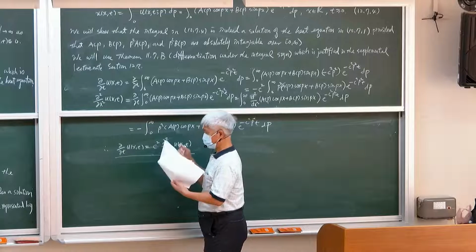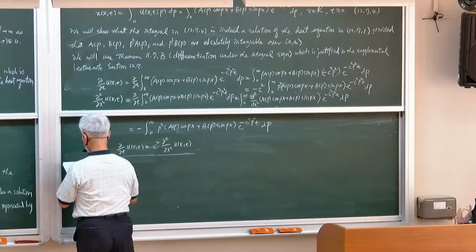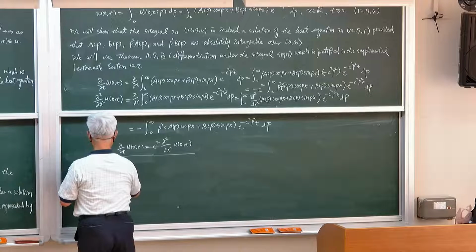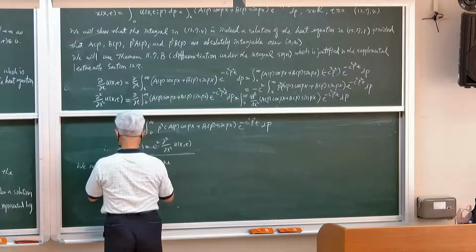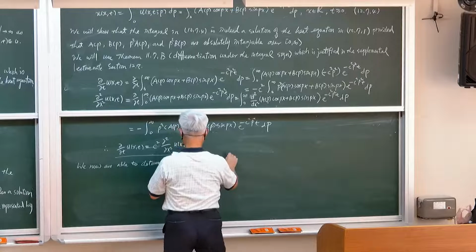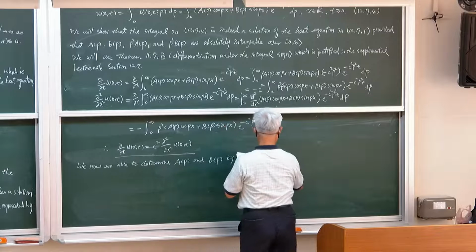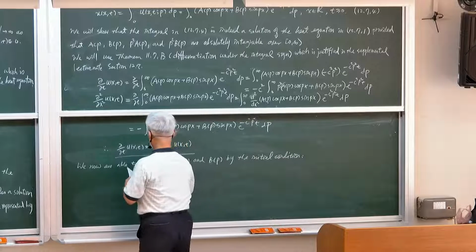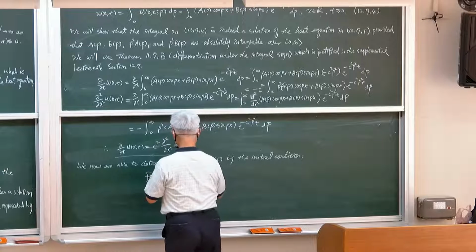All right, we now are able to determine AP and BP by the initial condition, as follows: f of x is equal to u of x, 0.